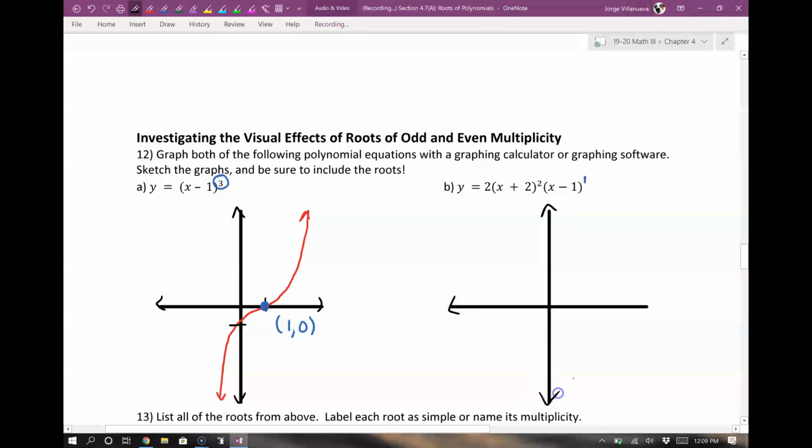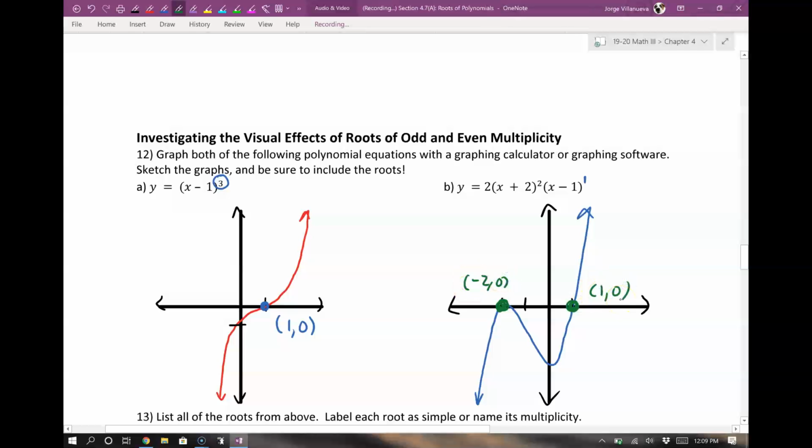So we said negative 2 and so it's 1, 2, and the other one was at 1. So we're just gonna draw the graph like this, and just say that it has 2 different places where it crossed, there and there. Okay, so negative 2, 0, 1, 0.